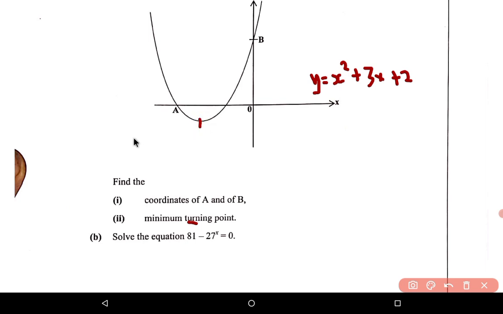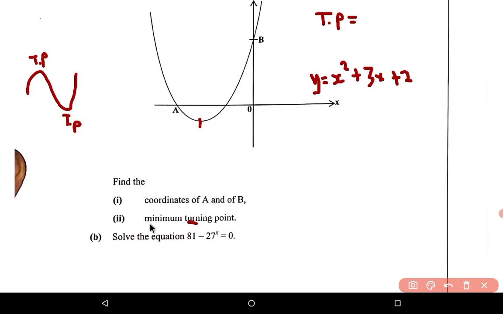Before we go into turning point, let me explain. What we call the turning point, I'll call it TP. When you have a curve like this, it has two turning points. There's a turning point here and there's another turning point here.